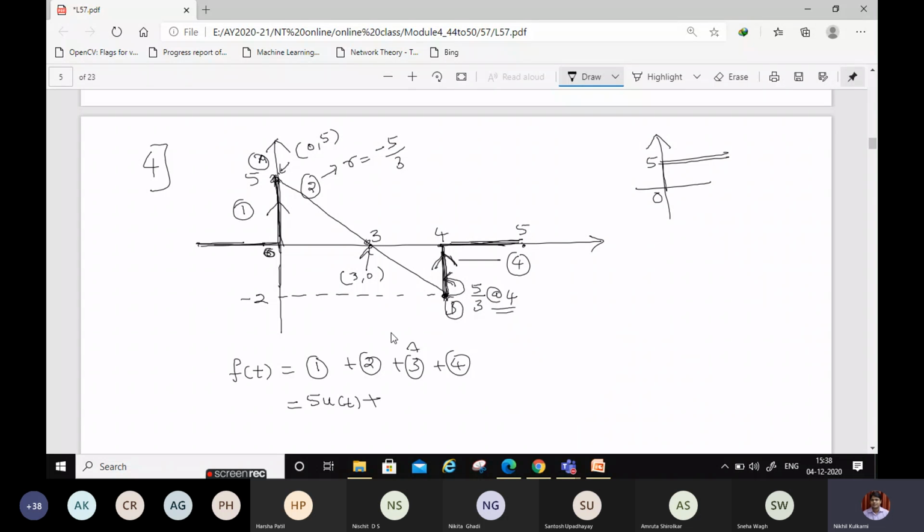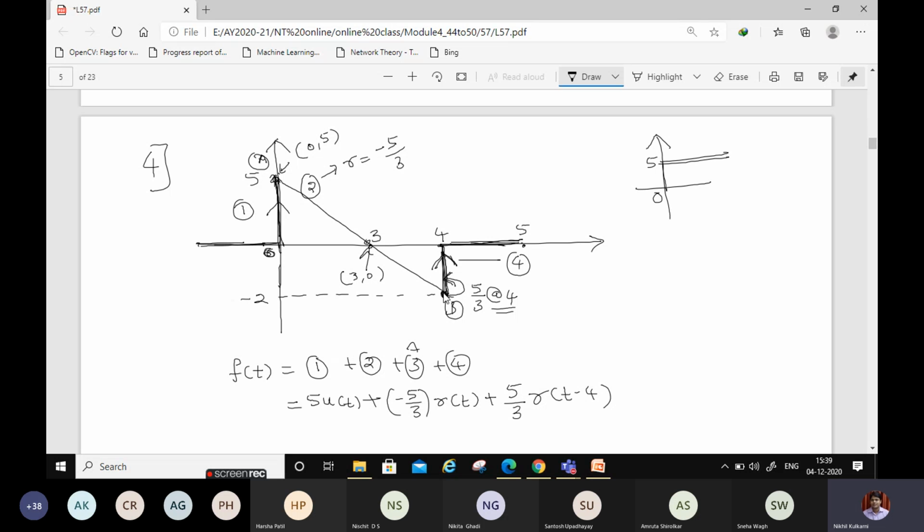Second one is minus 5 by 3 is the slope, and this ramp is starting at which point? It has started at 0, right? So I have to write r of t. Then you have to cancel this ramp at which point? 4. So you are adding plus 5 by 3 r of t minus 4.